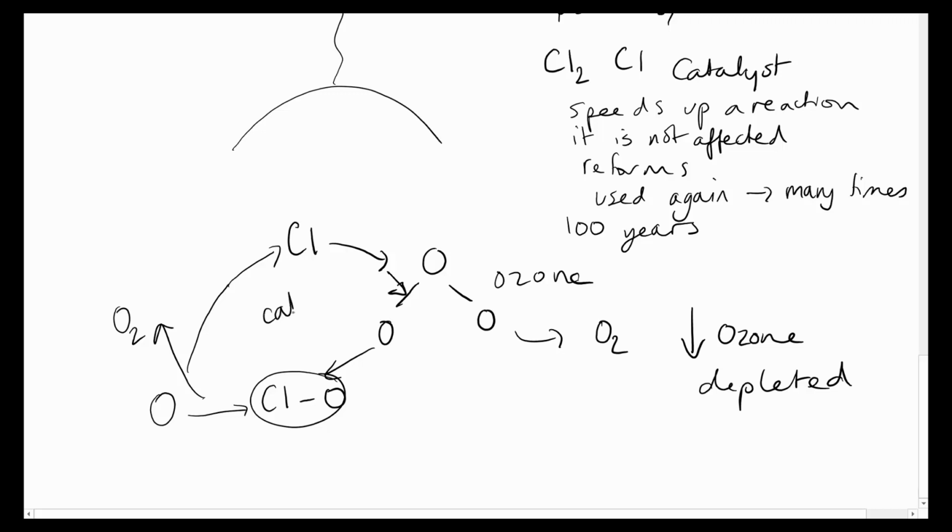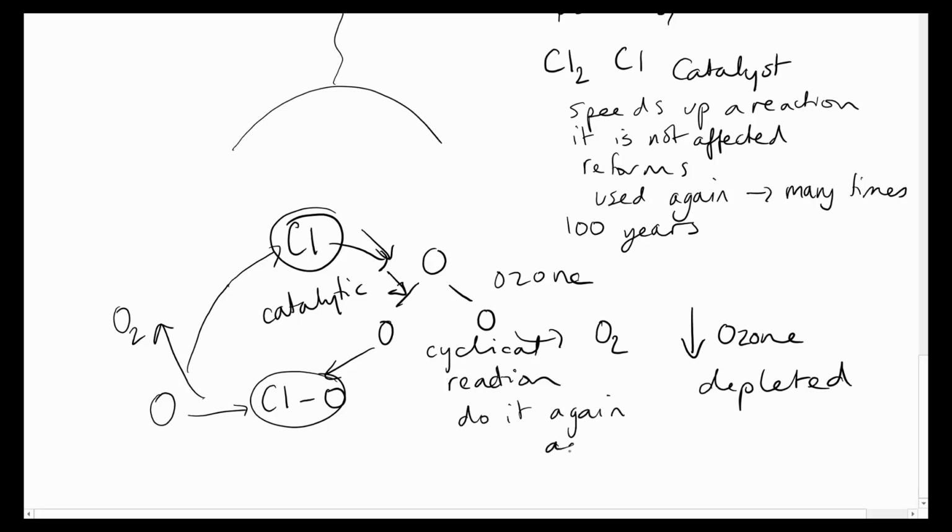So this is the catalytic reaction, because we're reforming chlorine, and it can go on and destroy the ozone in a cyclical, again it's another cyclical reaction, but it can do it again and again and again. Okay, so that's really bad for us and the earth.